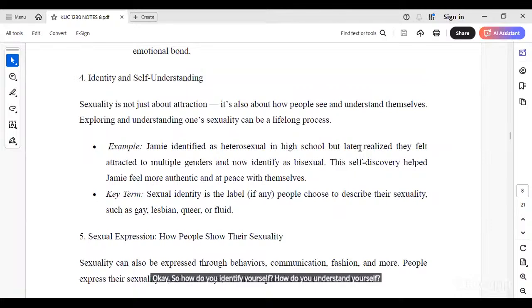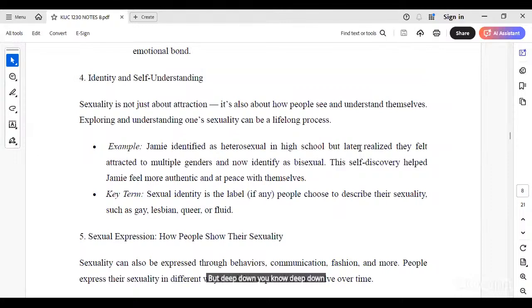Because you are the person who has a higher probability of labeling yourself, allocating yourself an identity, because you know whom you are attracted to. You know what type of attraction it is. People could be seeing you close to a particular person of the opposite gender, but deep down you know this is just a friend, nothing else is going on.